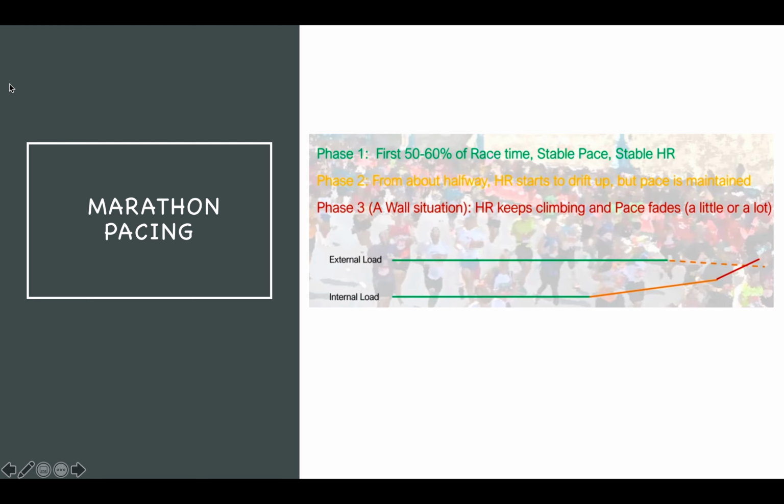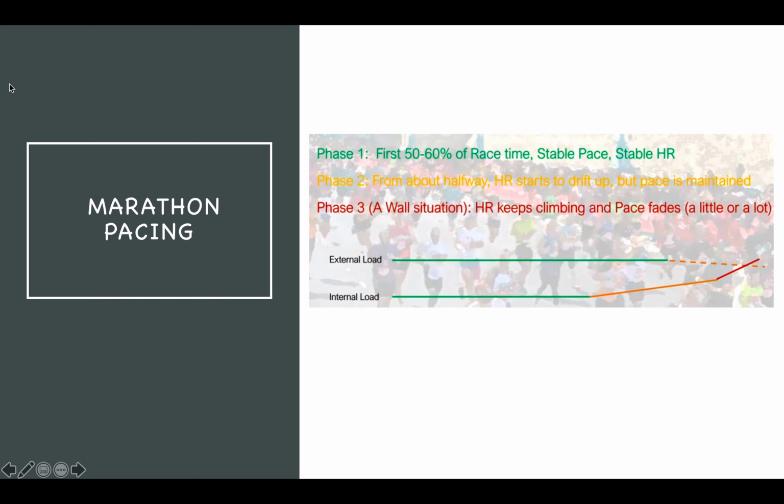So he really ended up splitting the marathon into 3 phases. The first phase would be the first 50 to 60% of race time, where you're holding a stable pace and a stable heart rate. And then phase 2, from about halfway, your heart rate's going to start to drift up, which is common, but the pace is maintained. But the key takeaway here is that basically from about halfway, your RPE is going to go up a little bit.